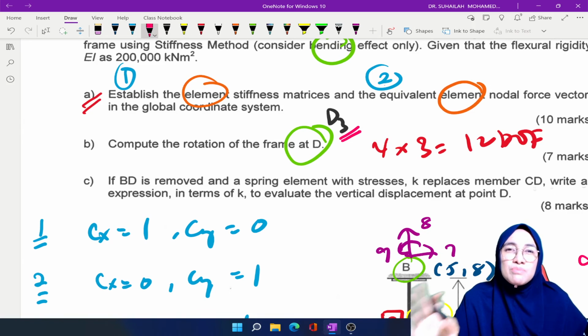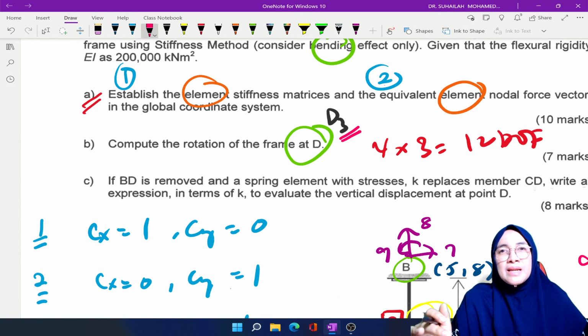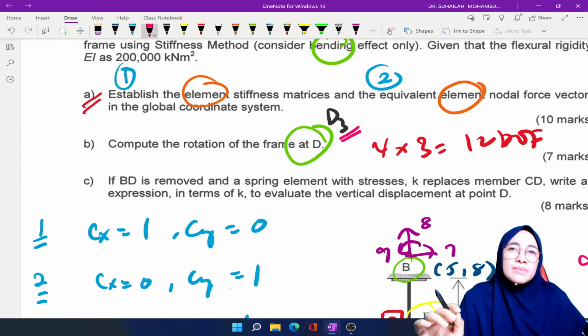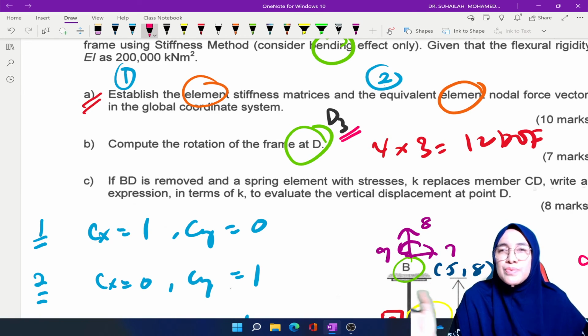A frame has a combination of EA and EI in real situations. But basically in analysis we ignore the axial deformation because the effect from axial is very small and can be neglected. That is why the complexity of frame analysis is reduced, because we cancel all EA in the formula.